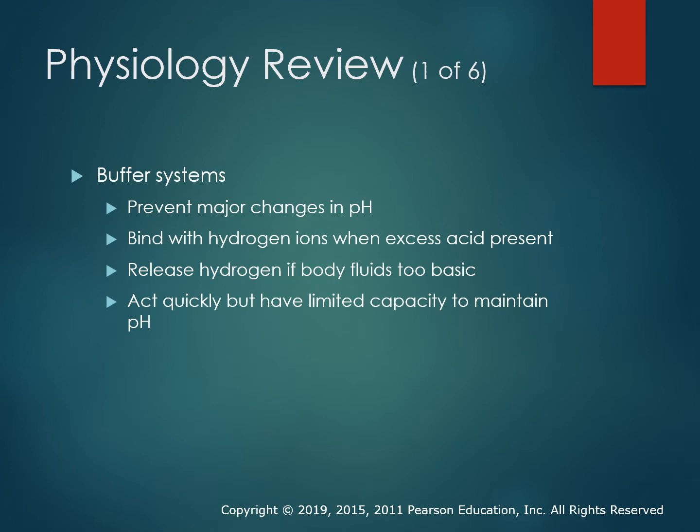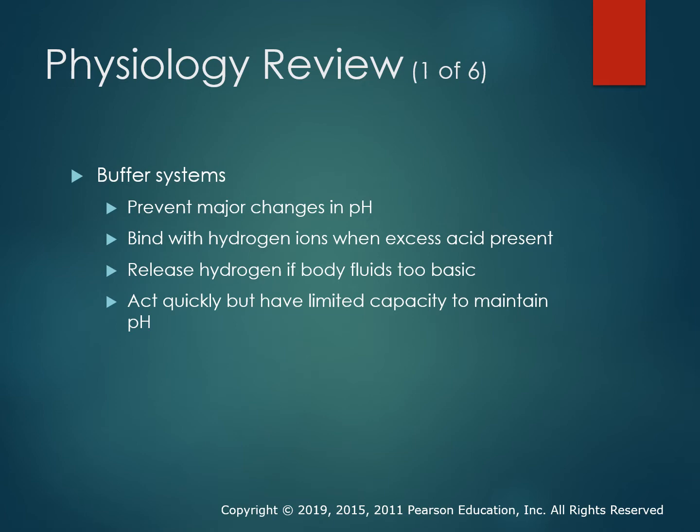The ratio of bicarbonate to carbonic acid is 20 to 1. Although the amounts of bicarbonate and carbonic acid in the body vary somewhat, as long as this ratio is maintained, the pH remains within 7.35 to 7.45, and again, that's where we want to be.